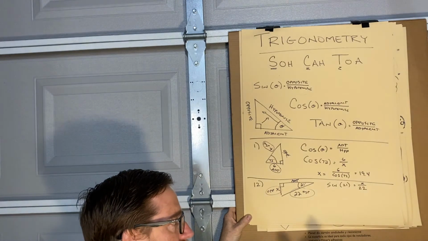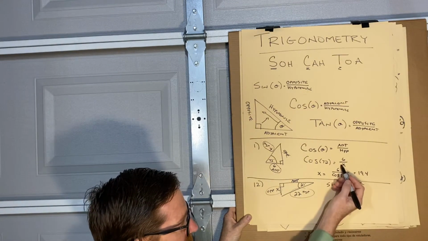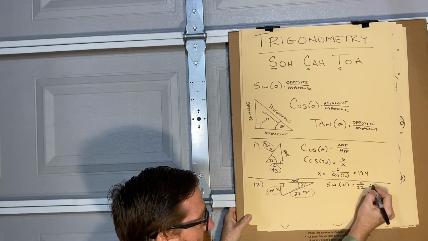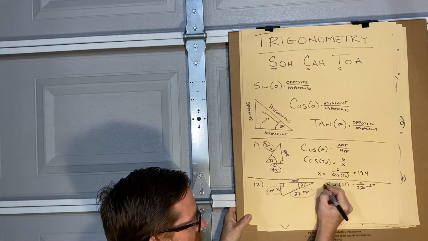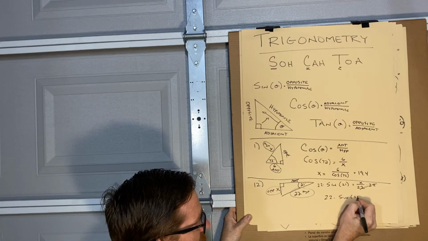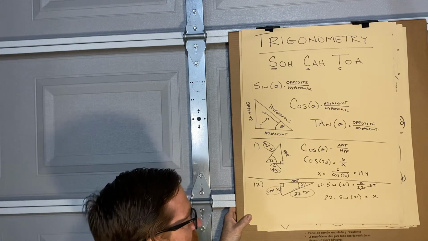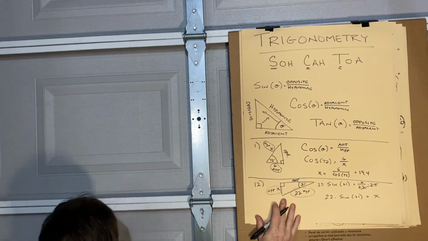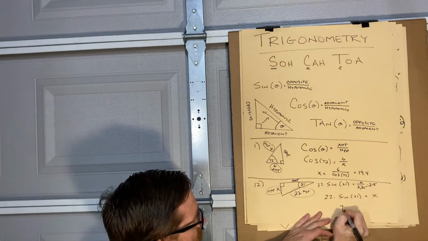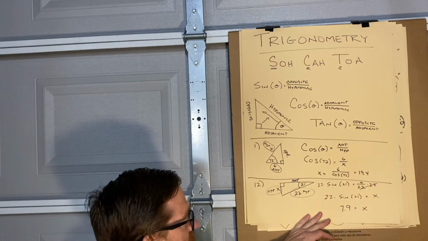When we have this algebra problem where the x is on top, not on bottom, well, in this case we divided. Over here we're going to be multiplying. Multiply by 22 over here to get rid of that. So really 22 times the sine of 21 in your calculator should equal that x value. I got that 7.9 when I did my work. You can check that and see if it works out with you.